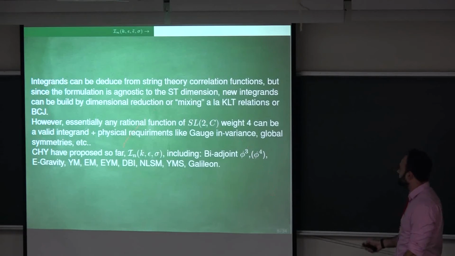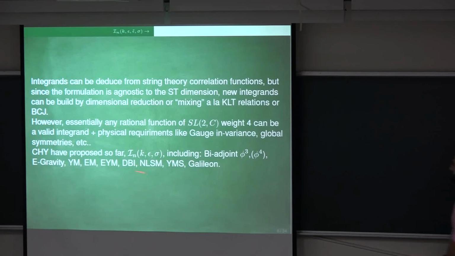So anyway, this exercise has been done in the last few years, and let me just mention a few members of this family of theories that we can describe with this formula. There is the biadjoint cubic scalar, quartic scalar. Actually, there is a very recent proposal for phi to the n.